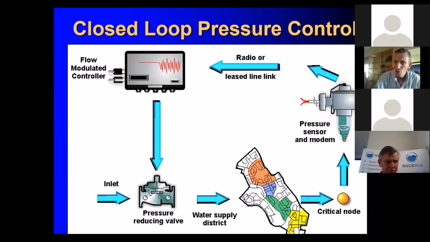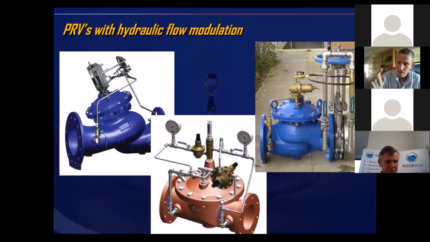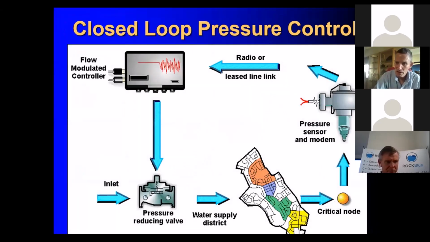You can use closed loop control. That involves putting in a sensor at the critical point, sending back information to the controller, and then the controller will reset itself or adjust the pressure so that you get absolutely your 10 meters or 20 meters at the critical point. Now, hang on, we'll just go back one here.